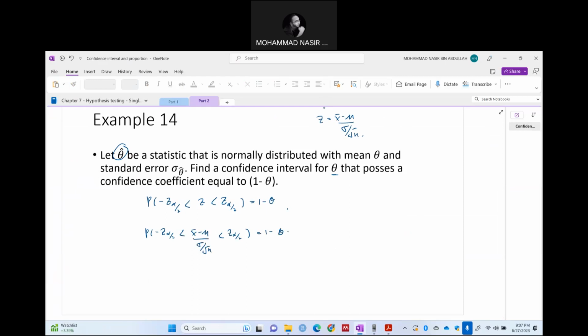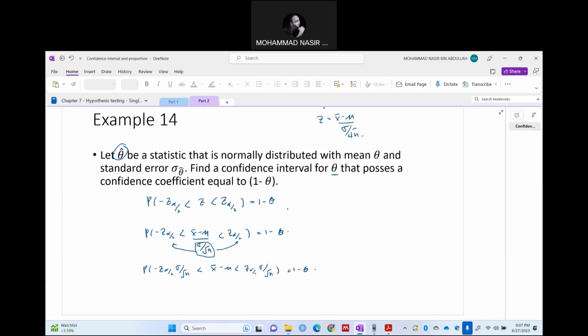So we bring this value to both sides, right? So it should be probability of negative z alpha divided by 2 times sigma over square root of n less than x bar minus mu less than z alpha divided by 2 times sigma over square root of n equals 1 minus theta, right?